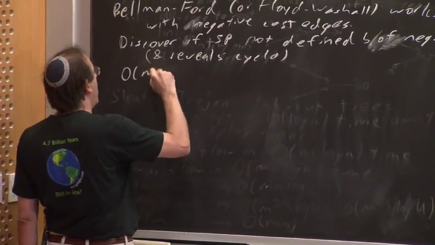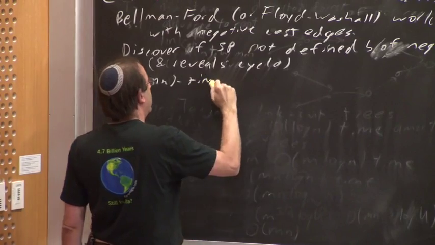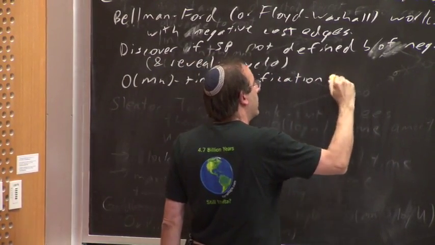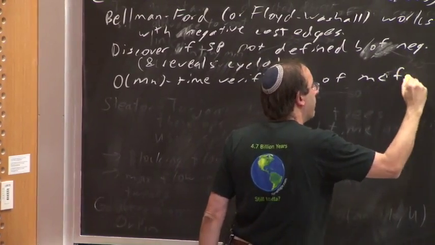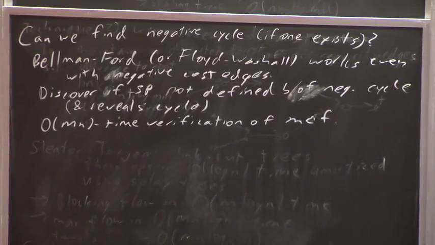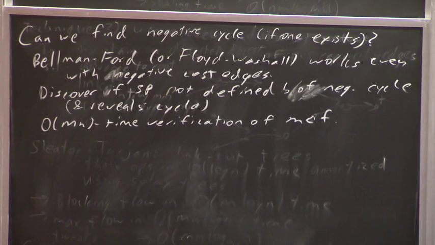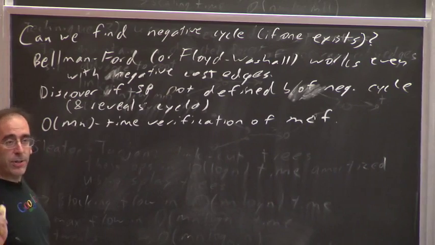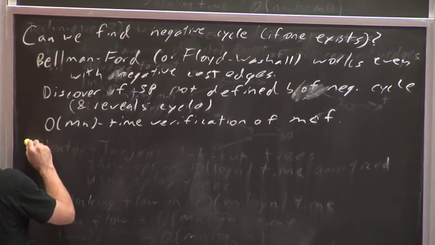So we now have order mn time verification of min-cost flow. So that's a nice first step. Okay. Now, in fact, it also suggests, in a very straightforward way, our first min-cost flow algorithm.